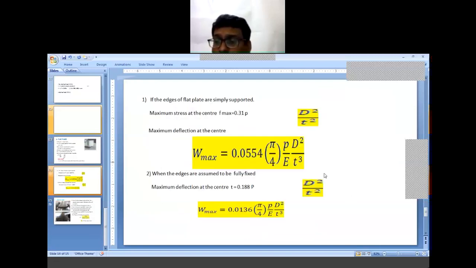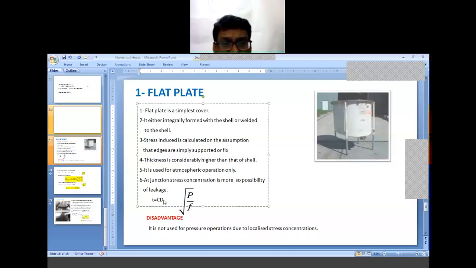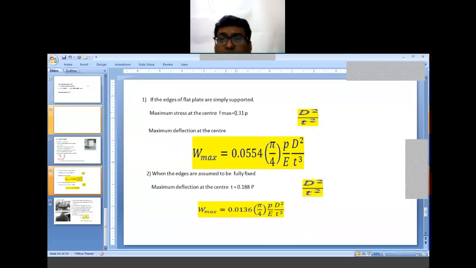From the basic formula of thickness calculation, which is equal to C into D under root of P upon F, I know the pressure as 7 kgs per centimeter square, the stress value F as 1250, the diameter as 1500, and the value of C as 0.31, when I consider the flat plate as simply supported.